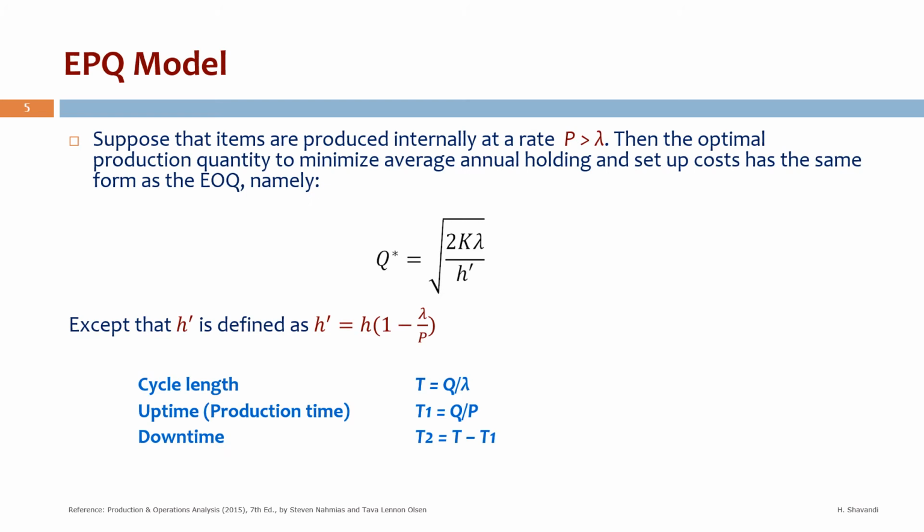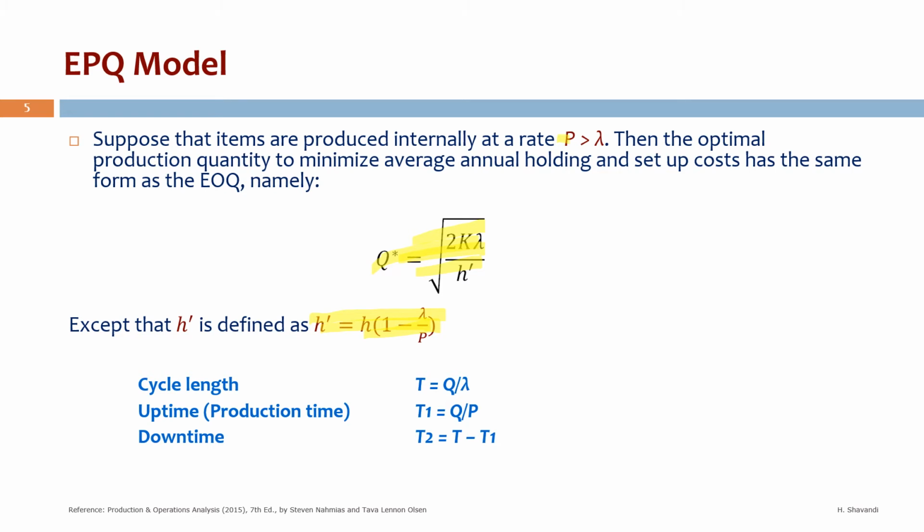So the order quantity, Q star, becomes the square root of 2K lambda over H prime, exactly the same as EOQ, but instead of h, we have H prime, which is h times 1 minus lambda over P.